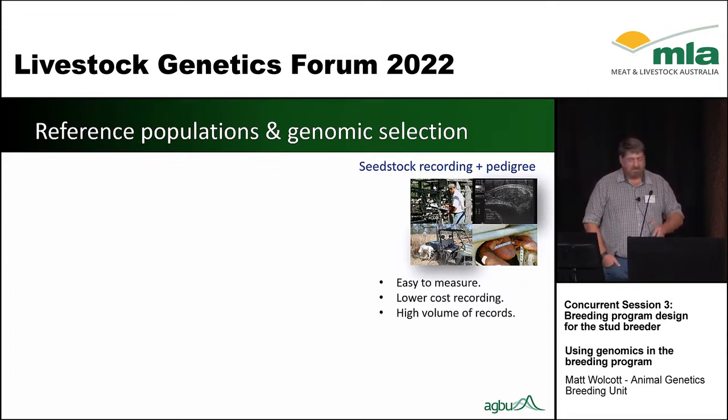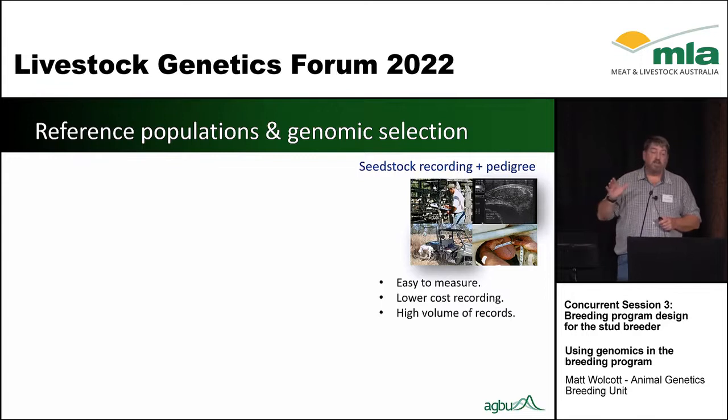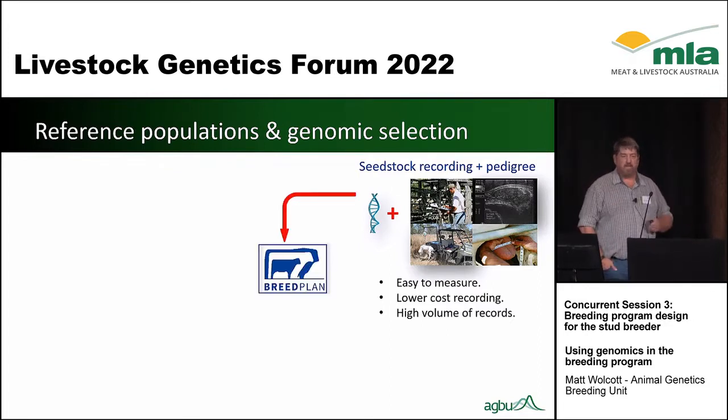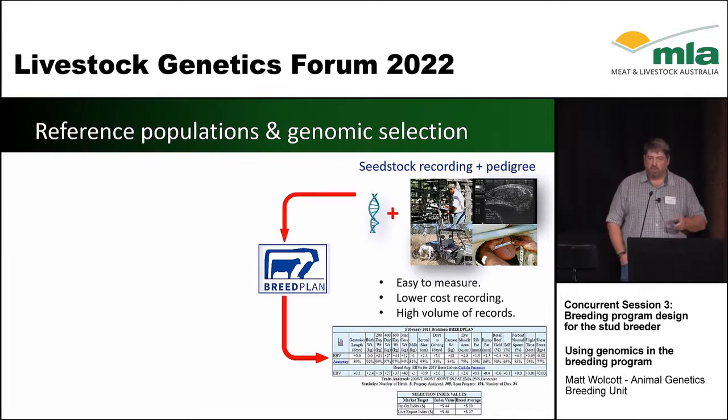I hope that group doesn't take offence when I say that, relative to other categories of information, it's information that was relatively easy to collect and could be collected at reasonably low cost. And it meant that we get, or at least have the potential to get, higher volumes of information from a wide range of sources, which comes in to our BREEDPLAN evaluation alongside genomic information. And increasingly that is a feature of information coming in from that sector. Comes into our BREEDPLAN evaluation and generates breeding values, which we're all fairly familiar with the form and function of.